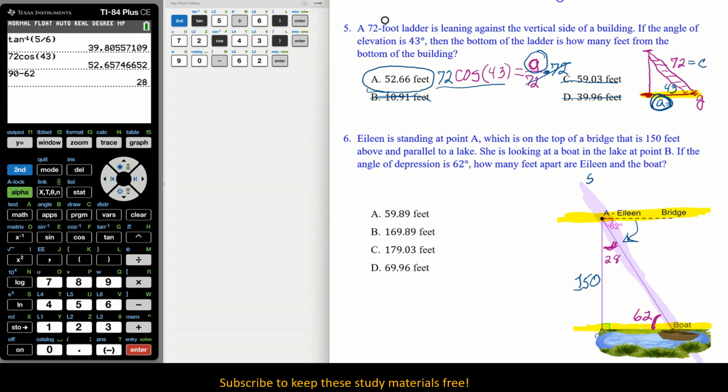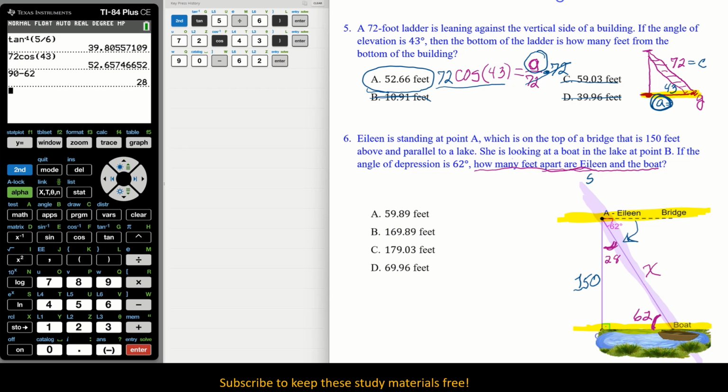Okay, so what are they asking? They're asking how many feet apart are Eileen and the boat? So we have 150. We need this. And we know that the angle where the boat is 62. So couldn't we say that that's opposite over hypotenuse, and we could use sine?